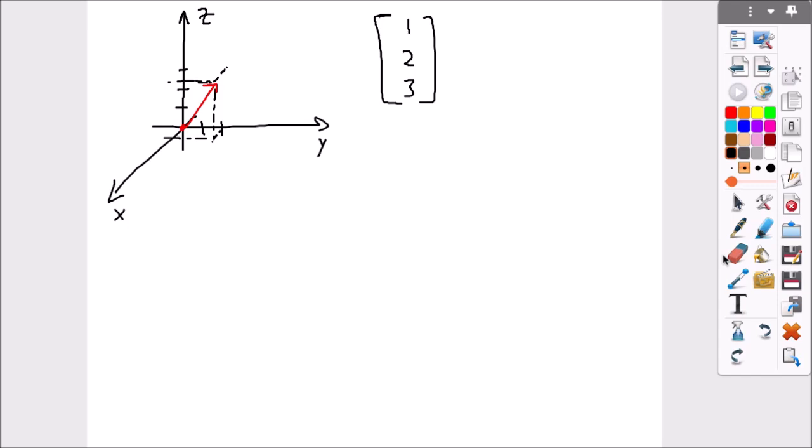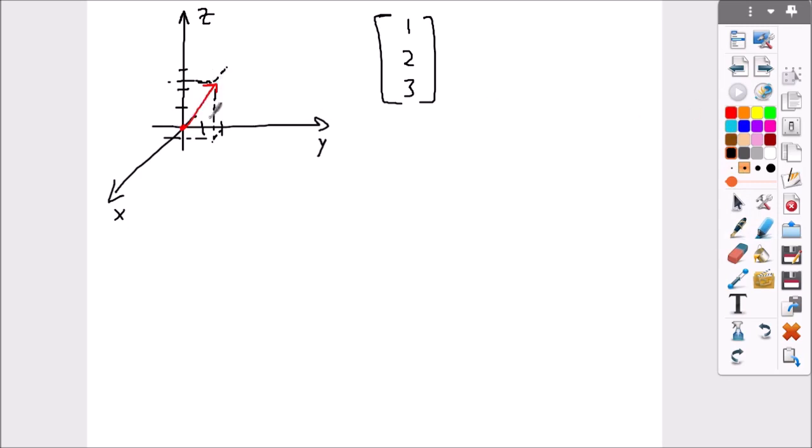So the direction is the vector itself. In fact, if you want pure direction, you can make it a unit vector by taking the vector and dividing it by its magnitude. But I'm not going to get into those. That's not important to know until later.